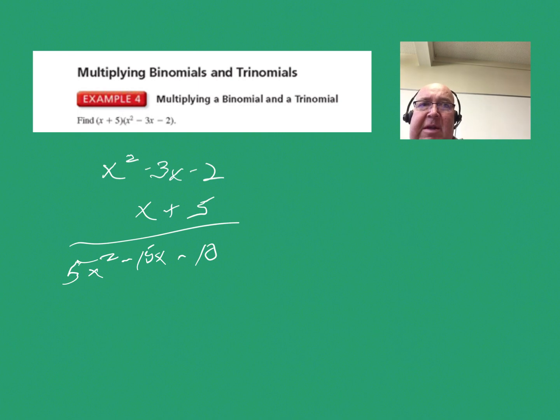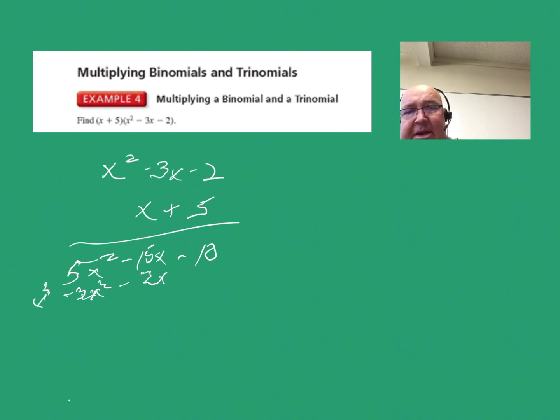Now I can multiply by x. X times negative 2 is negative 2x. X times negative 3x is minus 3x squared. And x times x squared is x cubed.